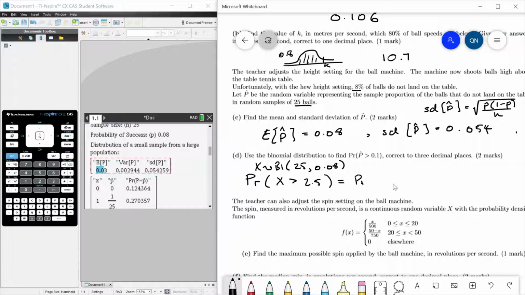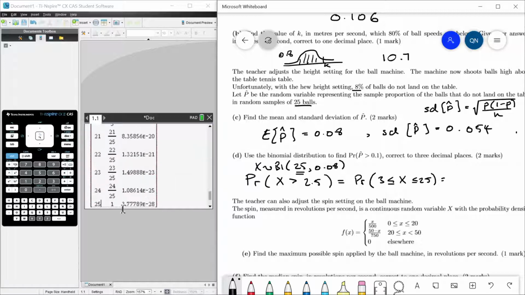Now, if X is greater than 2.5, it has to be 3. We are discrete here. So X is bounded between 3, and the upper bound is 25. For binomial number of trials, the maximum is 25. So let's go to the CAS.